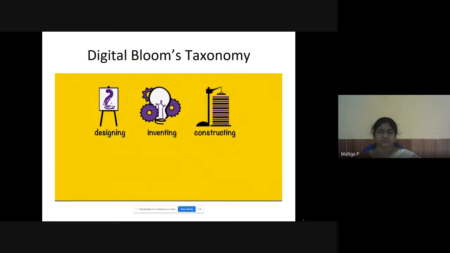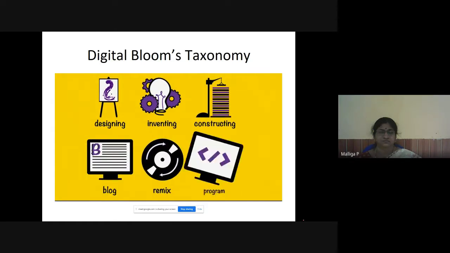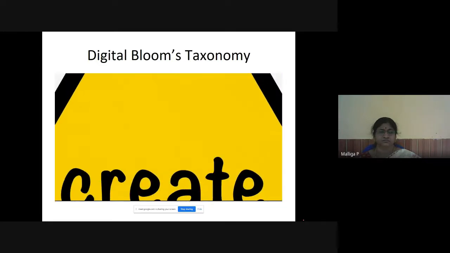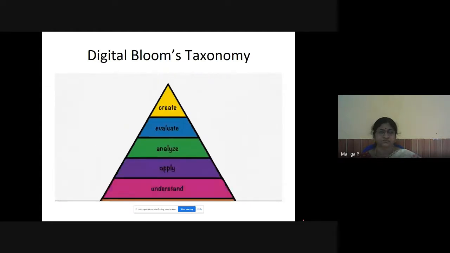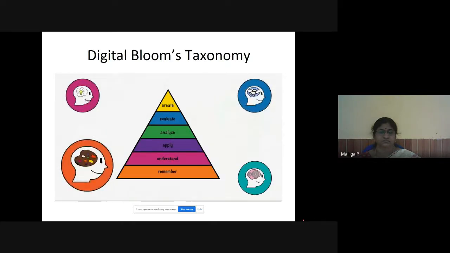One could add new digital verbs to creating, like log, remix, and program. These verbs refer to possible learning activities that incorporate digital technologies in which students are creating. Adding digital verbs to the taxonomy also promotes 21st century skills like communication, collaboration, creativity, and critical thinking.